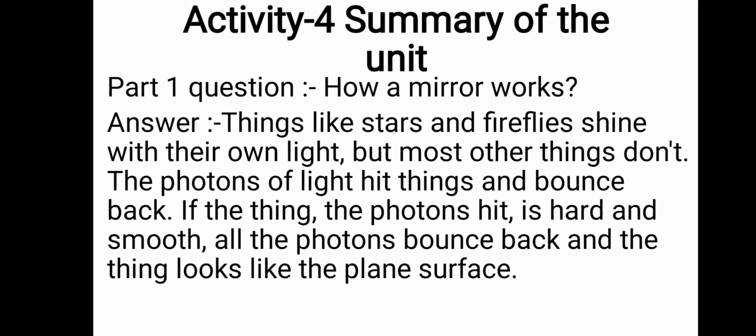So the first part of "How does it do that?" has many questions like how a mirror works, and the second part begins to answer the questions. Things like stars and fireflies shine with their own light, but most other things don't. The photons of light hit things and bounce back. If the thing the photons hit is hard and smooth, all the photons bounce back and the thing looks like a plain surface.